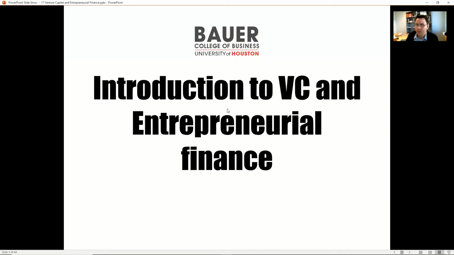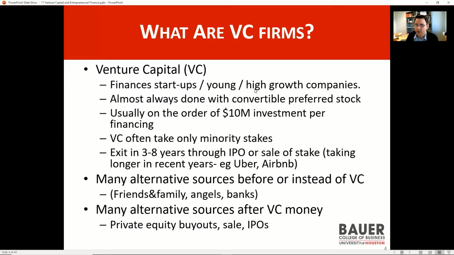Okay. So a brief overview of the industry. Venture capitalists will finance young companies with the prospect for high growth. It's almost always done with convertible preferred stock. So what this means is it's preferred stock, so the founder is on the hook to pay fixed dividends to the VC.